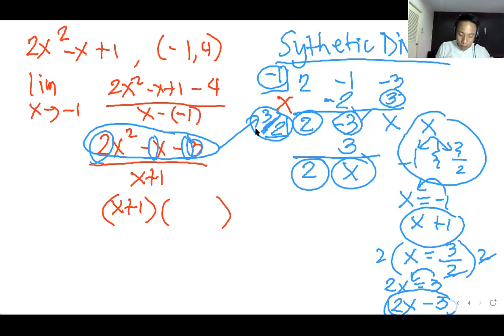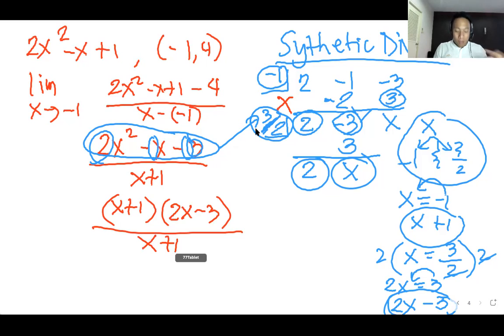So we have 2x minus 3 over x plus 1. Okay? Now, as you can see, we have now the same equations on the upper part and the lower part. So we can now cancel those. After finding the simplest form of the equation, let us now put the value of x in our x.